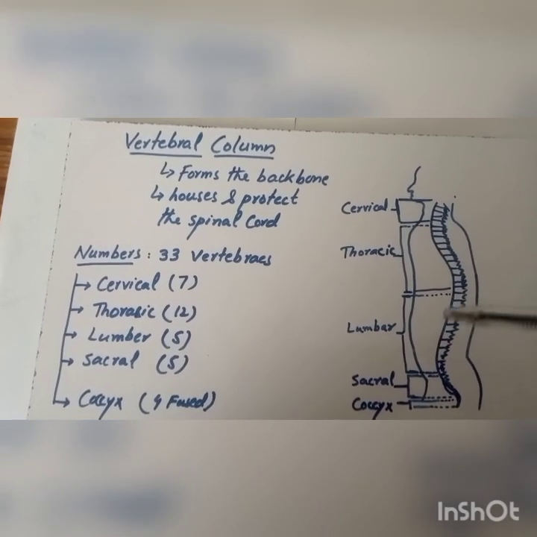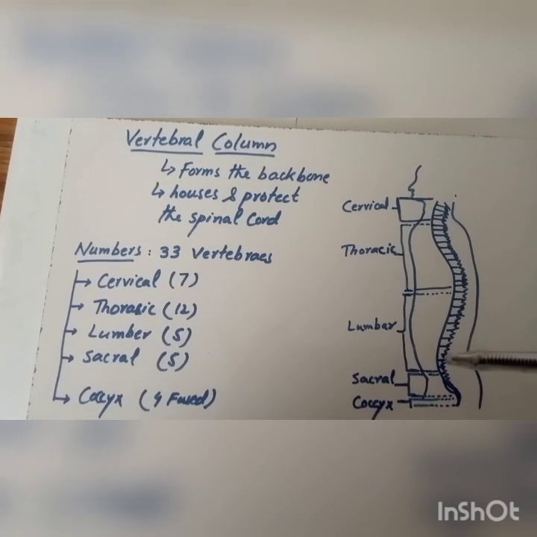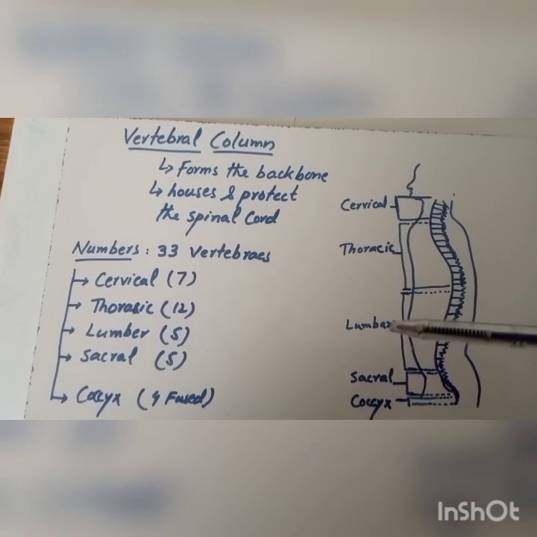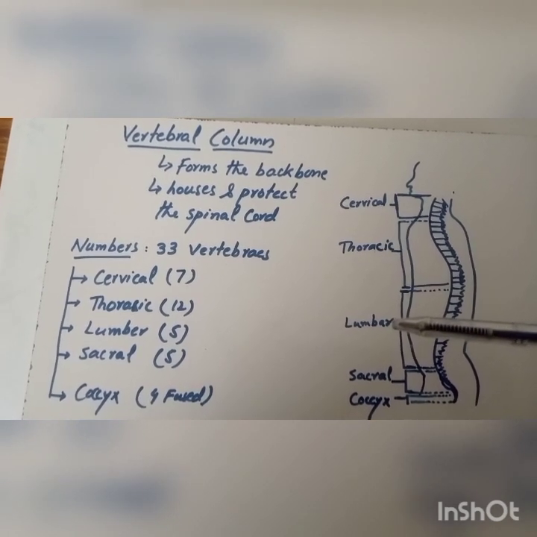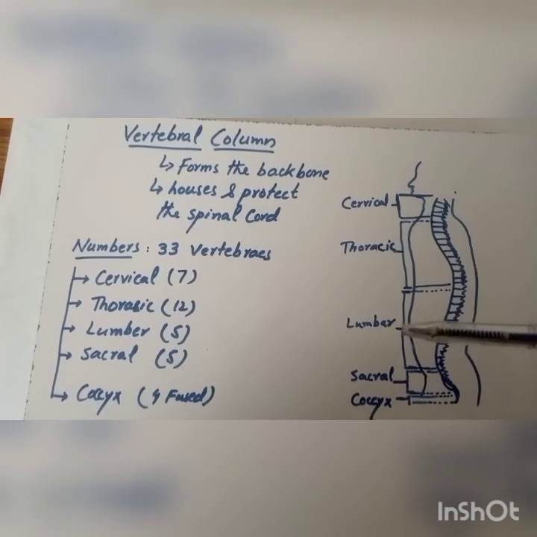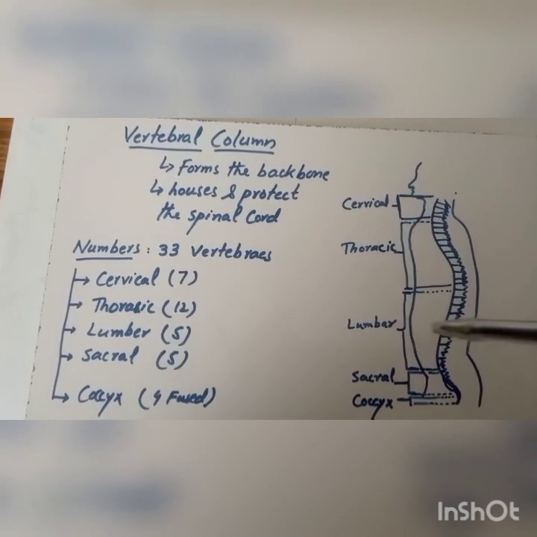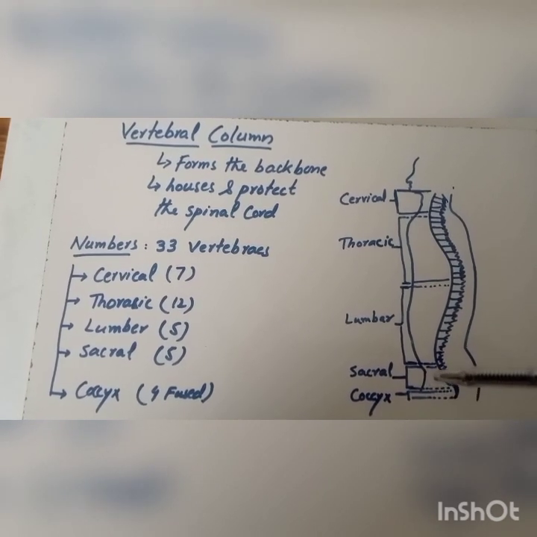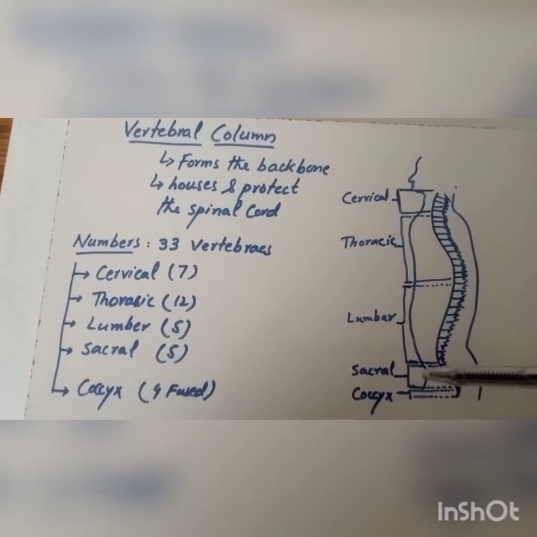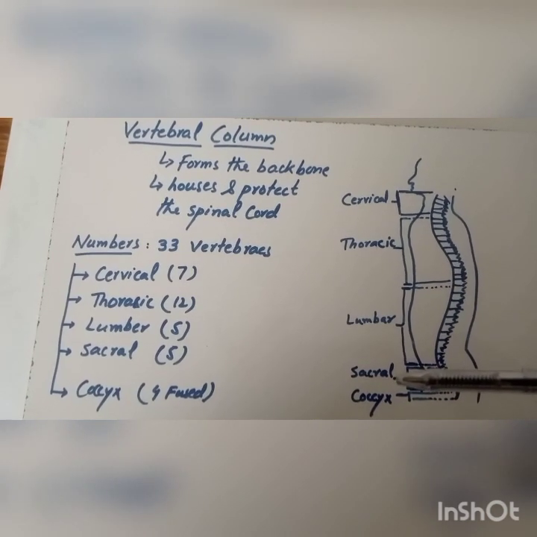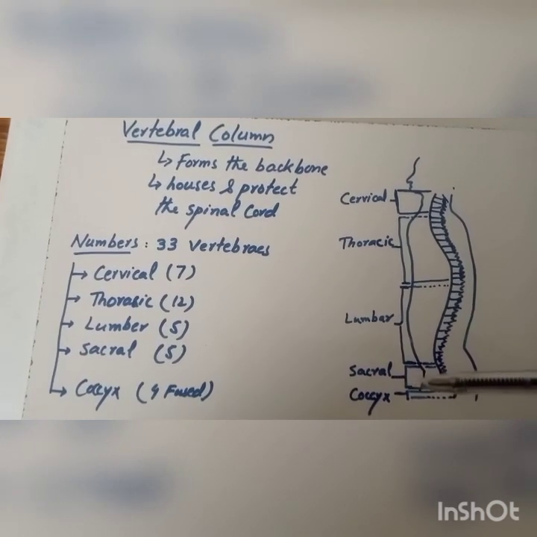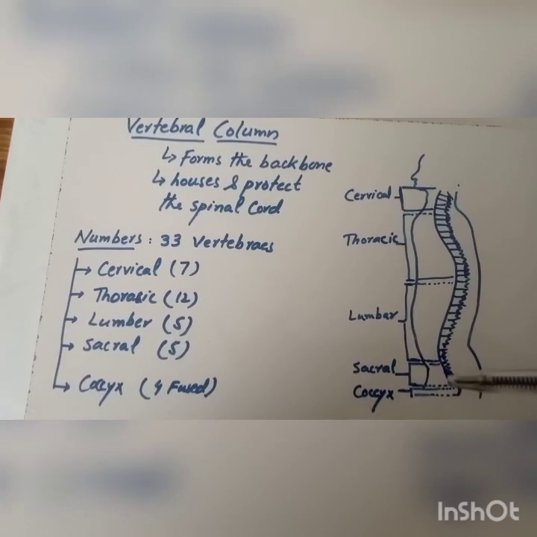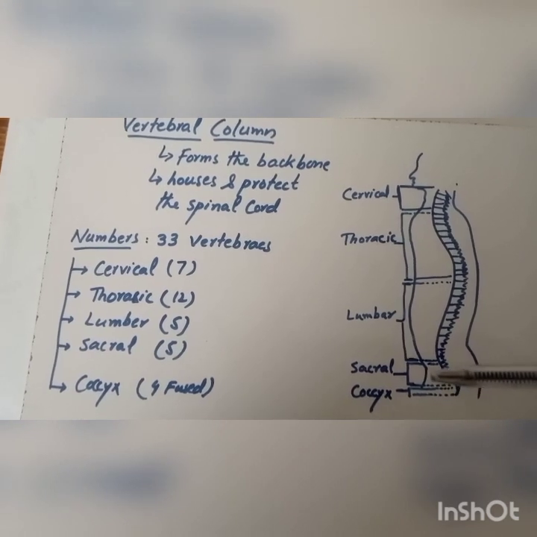In the lower back, five vertebrae are present, known as lumbar vertebrae, and in the sacral region five vertebrae are also present, known as sacral vertebrae, and to these sacral vertebrae the pelvic girdle is attached here.